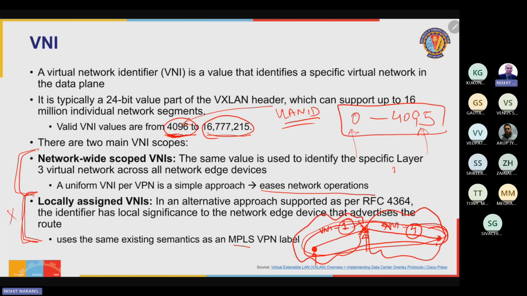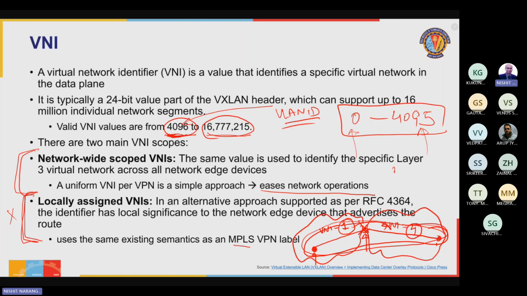The scope of the VNI is limited to one particular network edge or one particular data center. But as soon as the traffic enters another data center network or another edge of the network, the VNI ID changes, even though it's denoting the same tenant virtual network.